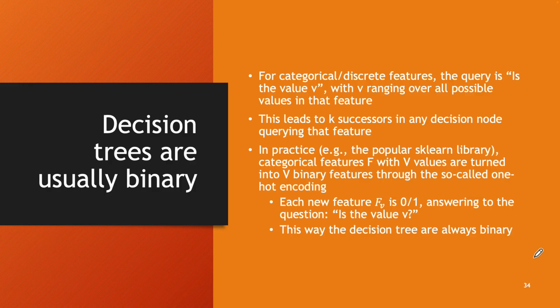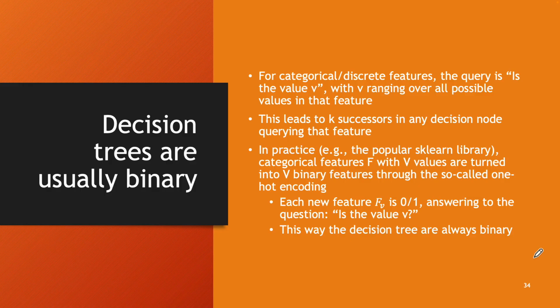So if you have a feature having, say, 10 possible values and you want to query that feature, that would imply that after that decision node, you are going to have 10 different successors, one for each possible value in that feature. However, in practice, and this is, for example, the case with the very popular sklearn library, categorical features are in fact turned into binary features through the so-called one-hot encoding.